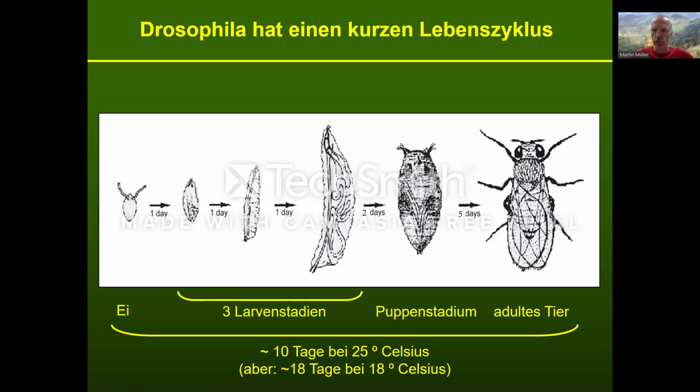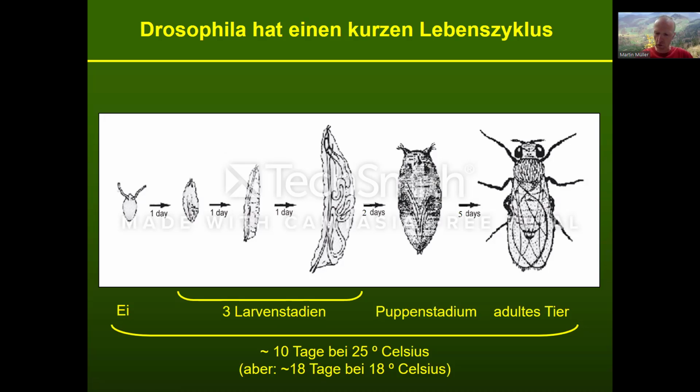This is very nice if you want to proceed with your experiments, but if you are keeping thousands and thousands of different fly stocks, then you want to keep them at a lower pace, at 18 degrees, so that you don't have to transfer the fly stocks to a new container too frequently.